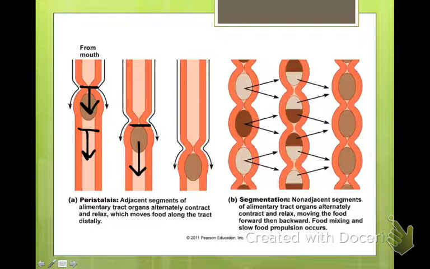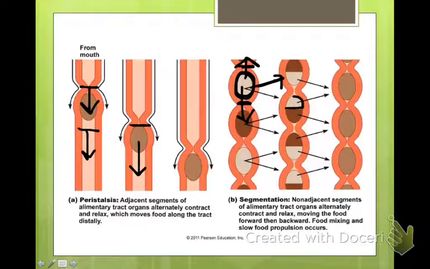In segmentation, you still have the pinching off, but you have the pinching off before and after an area where there is food. So what's happening is you have this food in this area, and some of it is going to move backwards into the segment before it, and some of it's going to move forward into the segment ahead of it.